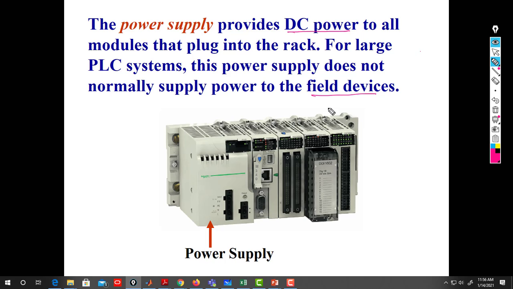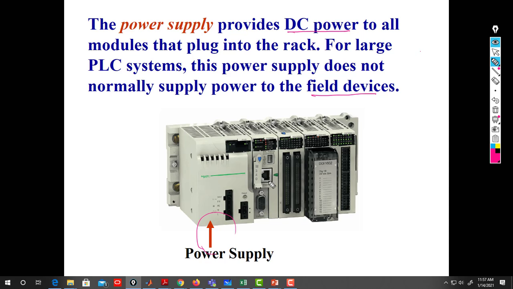Those sensors and actuators are not powered by this power supply, but by an external power supply. And you'll see in the distributed network, maybe you put your input output devices not close to the CPU, you wire them far from the CPU, close to the machine you are controlling, or not necessarily wiring but even wireless communication.